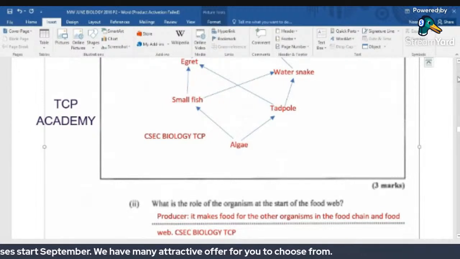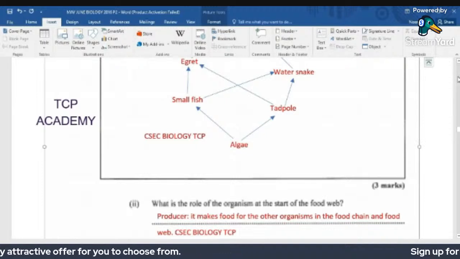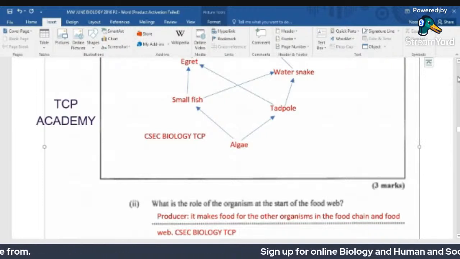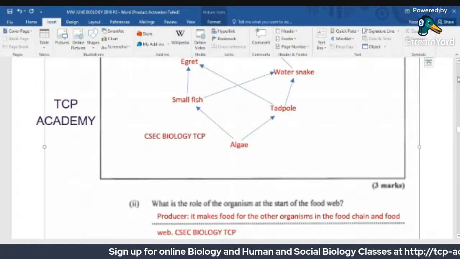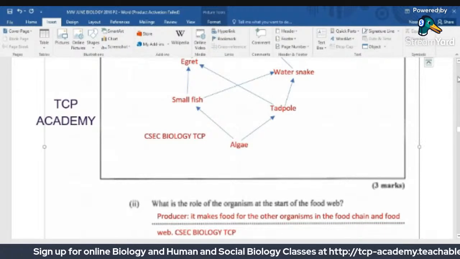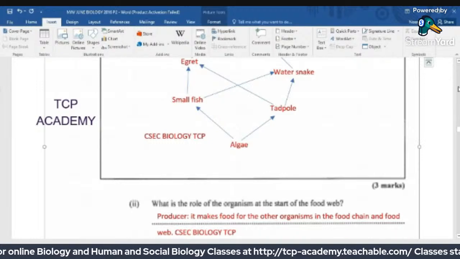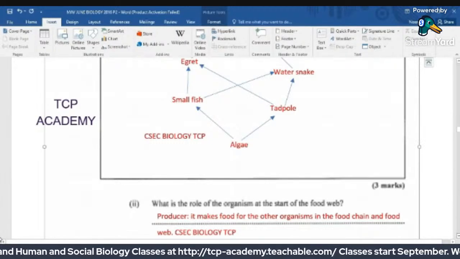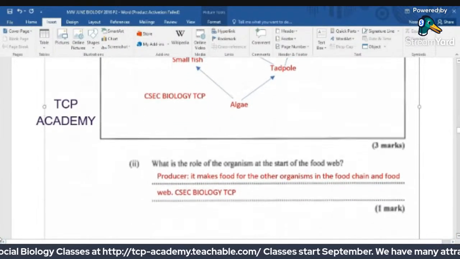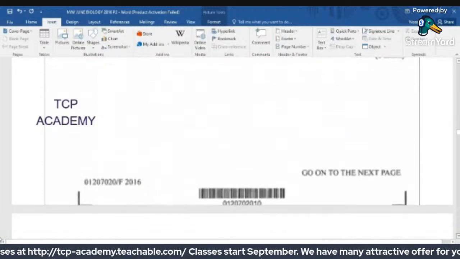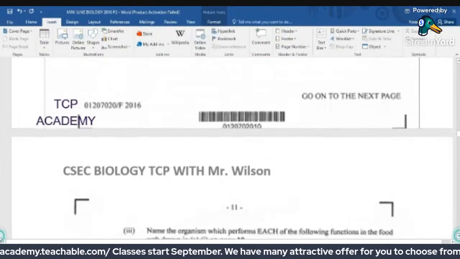It's making its own food, and it's making the food for other organisms and itself, whether in the food chain or the food web. That food is going to be passed on to other organisms in the food web. So particularly this organism, the algae, is going to be a producer. 1 mark for that, and we move on down to the other question.